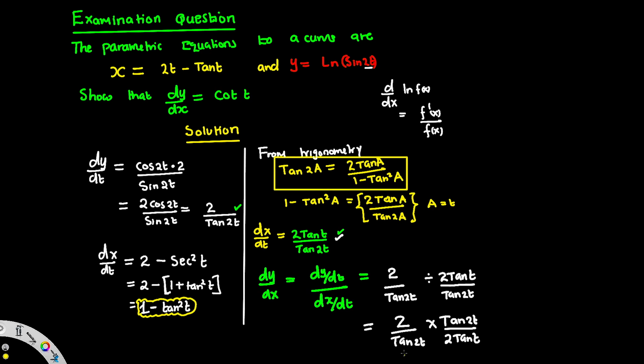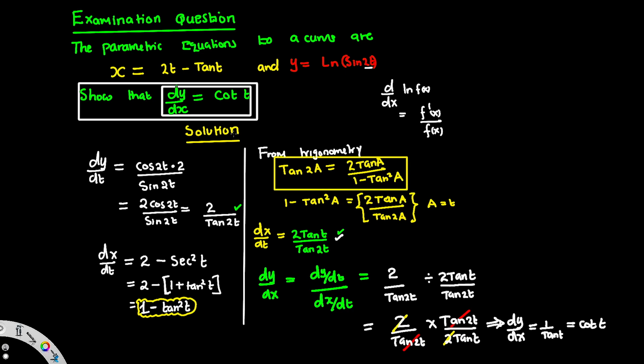Then at this particular point, this part and this part will cancel, and we shall also cancel these two out, and we are going to remain with our final expression as dy dx equals 1 over tan t, which is the same as cot t. And actually now we have proven that dy dx of those parametric equations is equivalent to cot t.